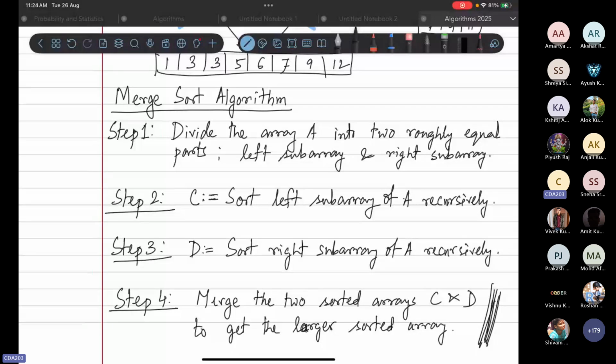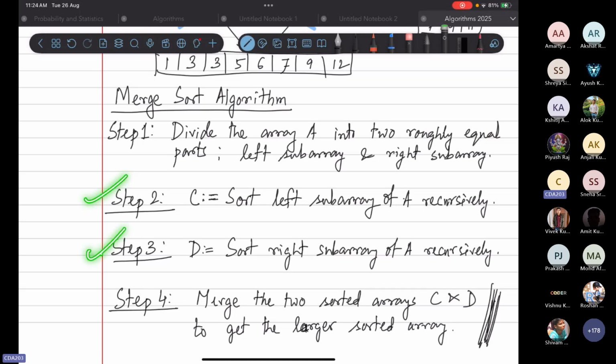Now, I'm going to prove this correctness again using induction. So I'll assume that for any value less than k, this merge sort process can sort correctly an array of size less than or equal to k. Now, when I'm going to sort an array of size k plus 1, what's the first step? I have to divide it into two parts.